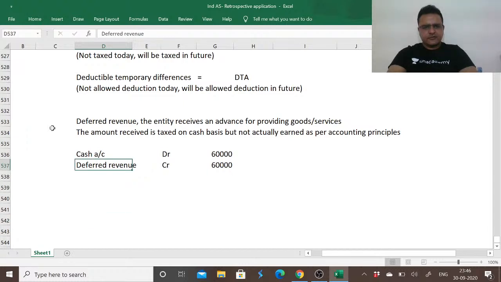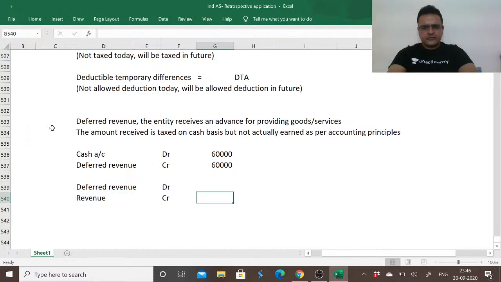When we actually earn it, credit revenue 60,000.